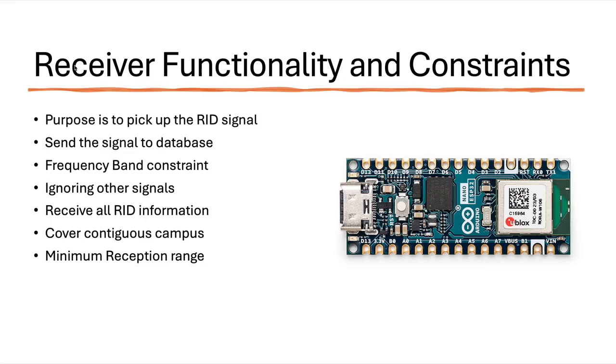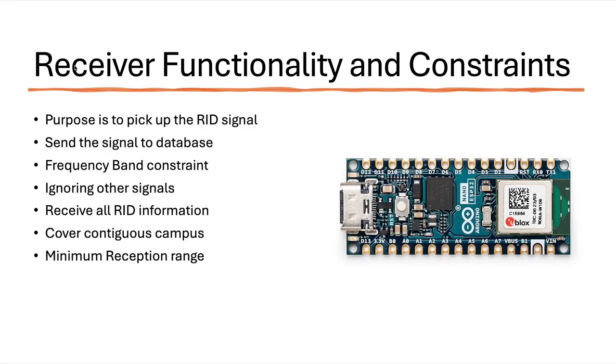So the next constraint is that all of the receivers need to be able to cover the contiguous campus, and this is the main land of campus that is unbroken and disconnected by roads. So Tech Village will not count. This is just the main area of campus covering from the RUC all the way down to the FIT and the gravel lot.